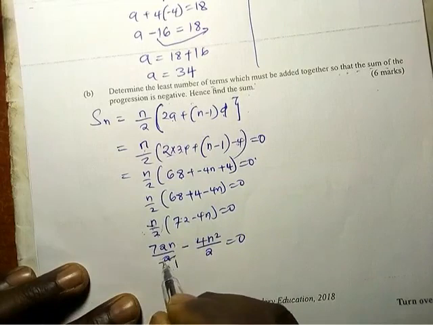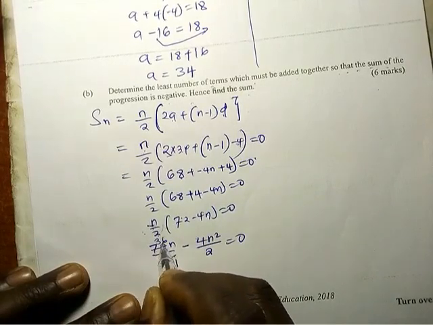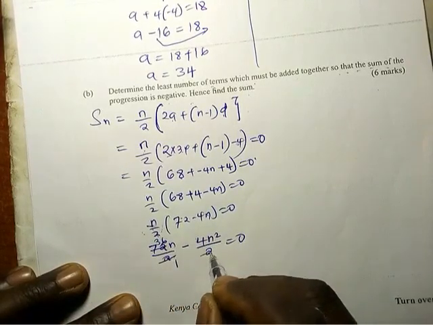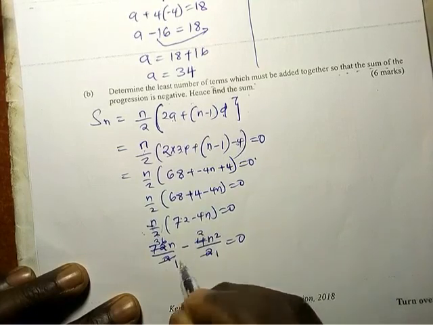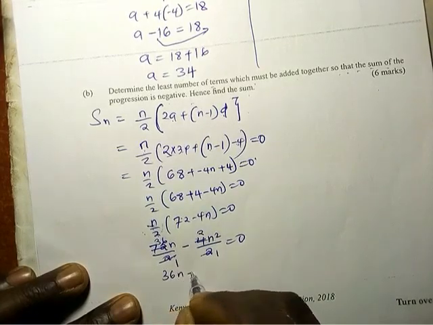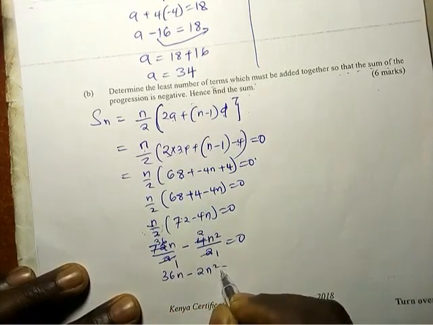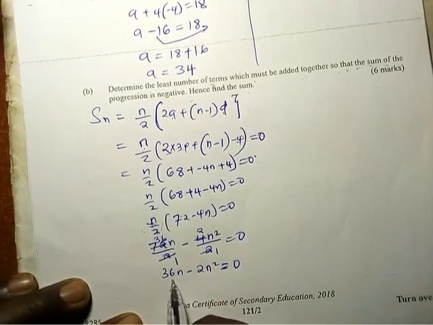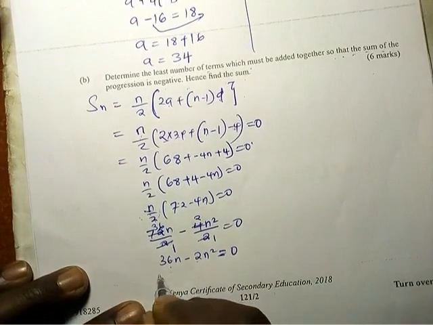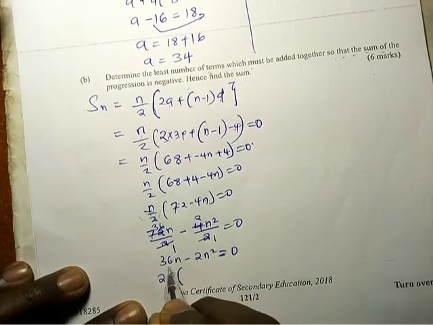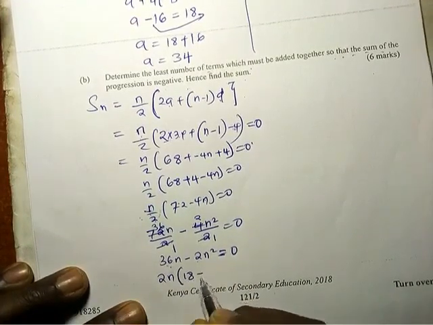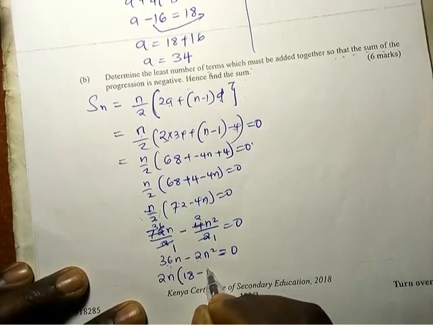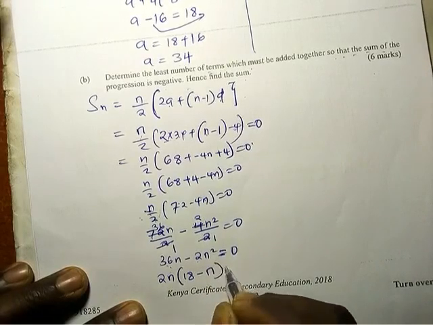So this is actually 1, here is 36. This one here 1, here 2. So that is 36n minus 2n squared is equal to 0. The common factor here is 2n, you can see very well. So 2n into, this one will be 18 minus n is equal to 0.